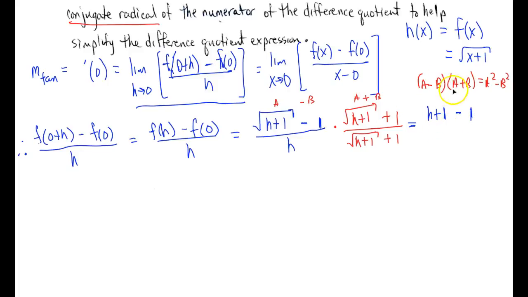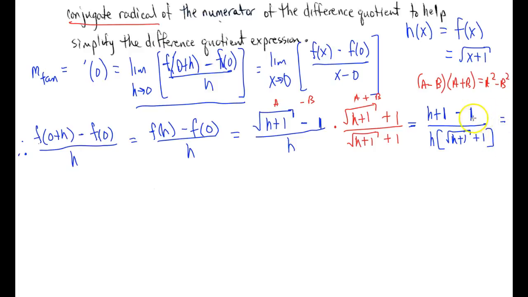And so we're skipping all the other steps that we would normally do when we FOIL this, because we know that a minus b times a plus b just reduces to a squared minus b squared. So there's no need for us to do all the other things. Okay, and so here we have h times square root of h plus 1 plus 1.